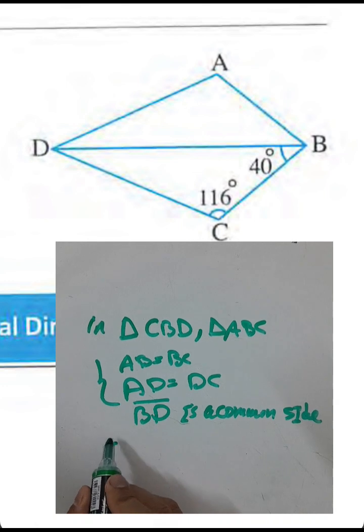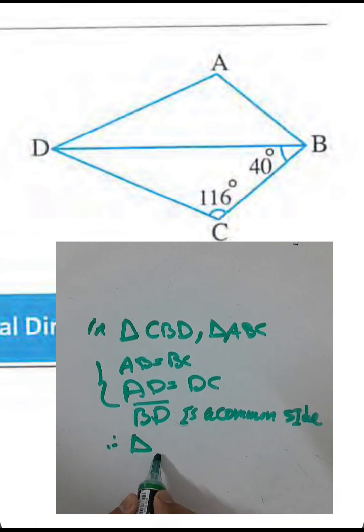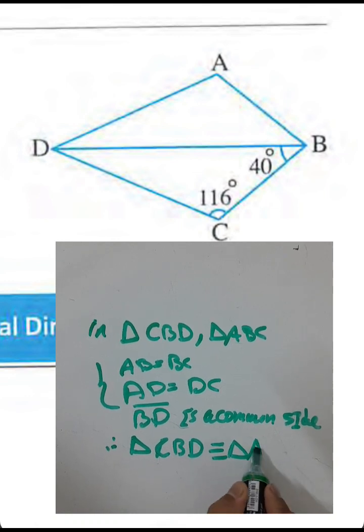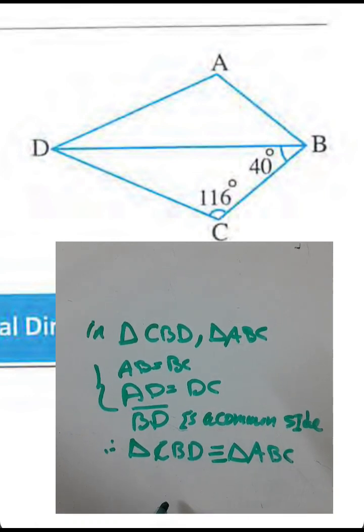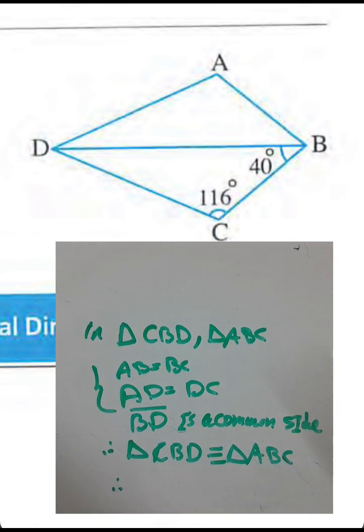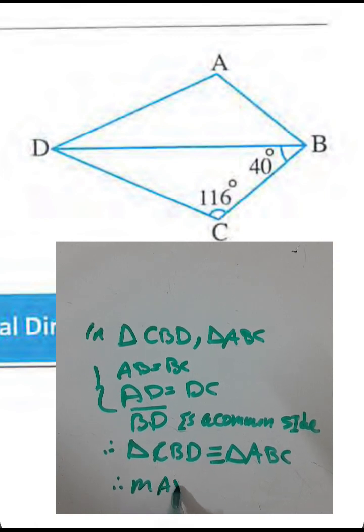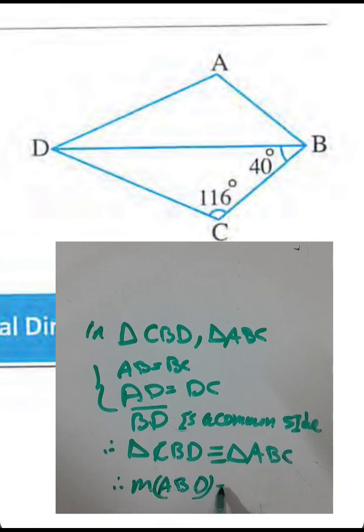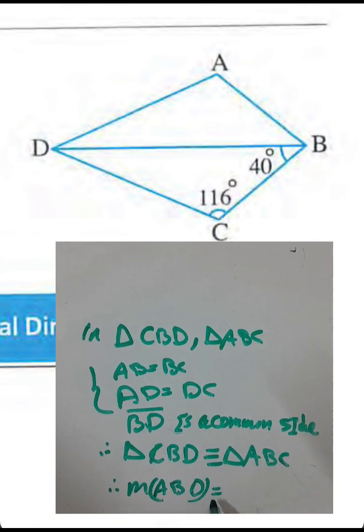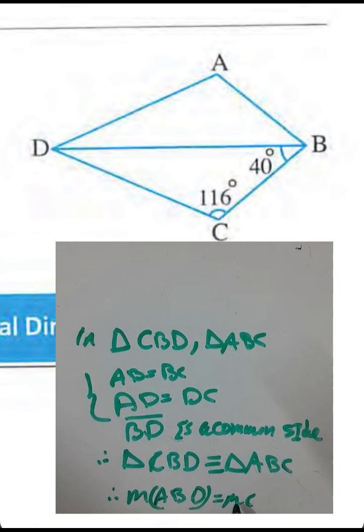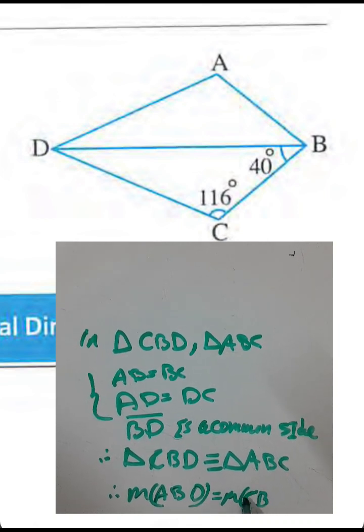Then the first triangle CBD will be congruent to the next triangle ABD. They are congruent. Then the measure of angle ABD, you want to find it, will be 40 degrees, equal to the measure of angle DBC.